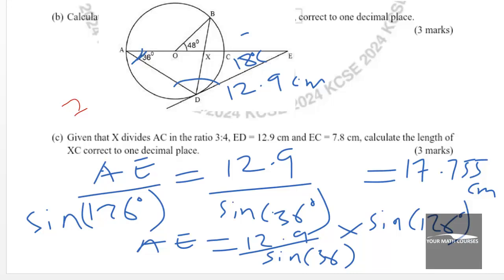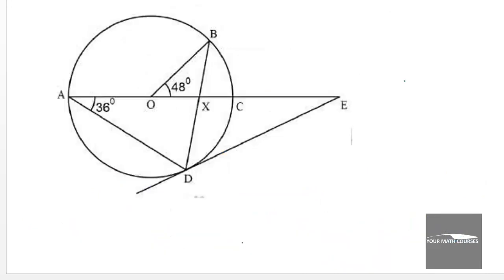So to calculate the value of XC, we use the ratio given to us. We're given that X divides AC into 3:4. So this tells us that AX over AC will be equal to 3/4.